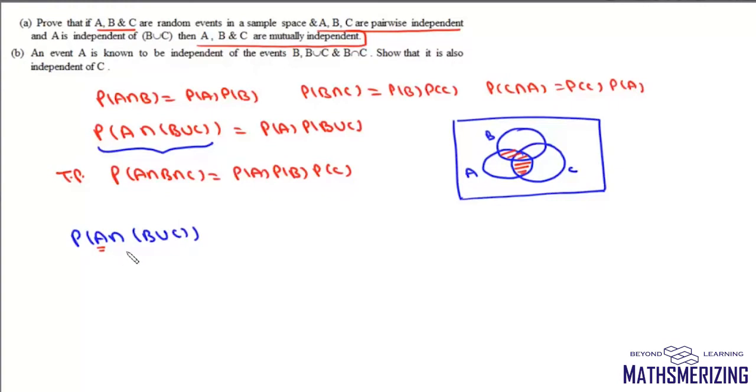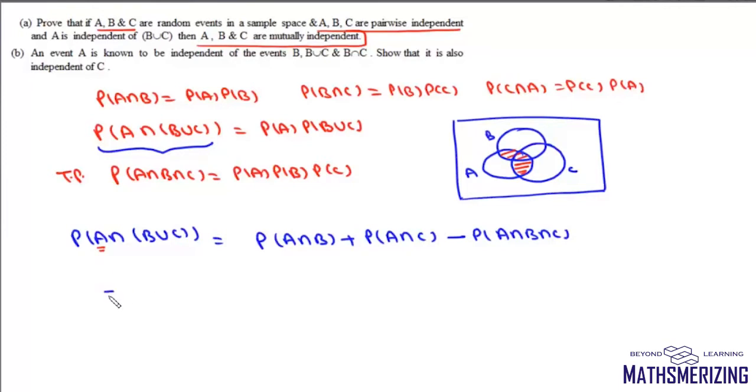So this P(A intersection (B union C)) is actually equal to probability of A intersection B plus probability of A intersection C, and since we have taken this region twice, it will be this minus probability of A intersection B intersection C.